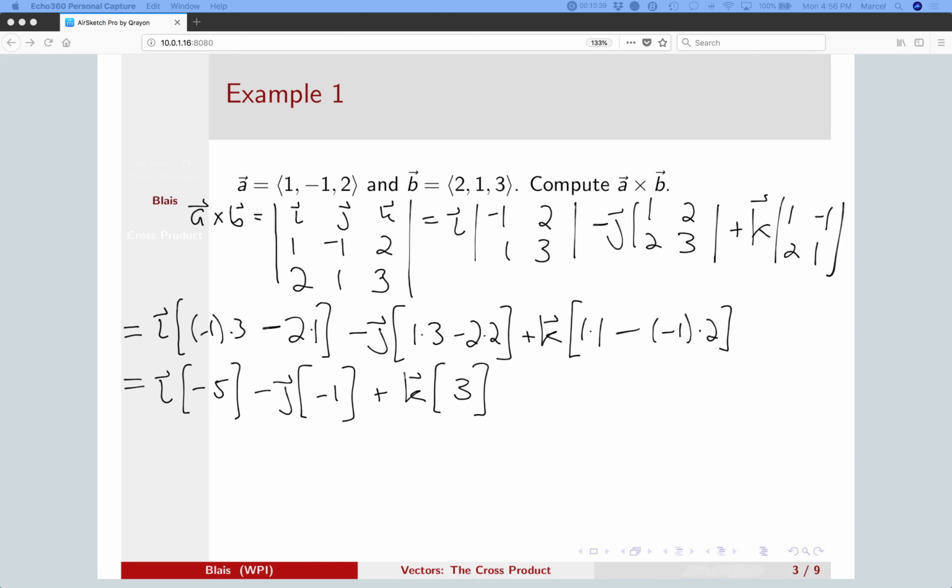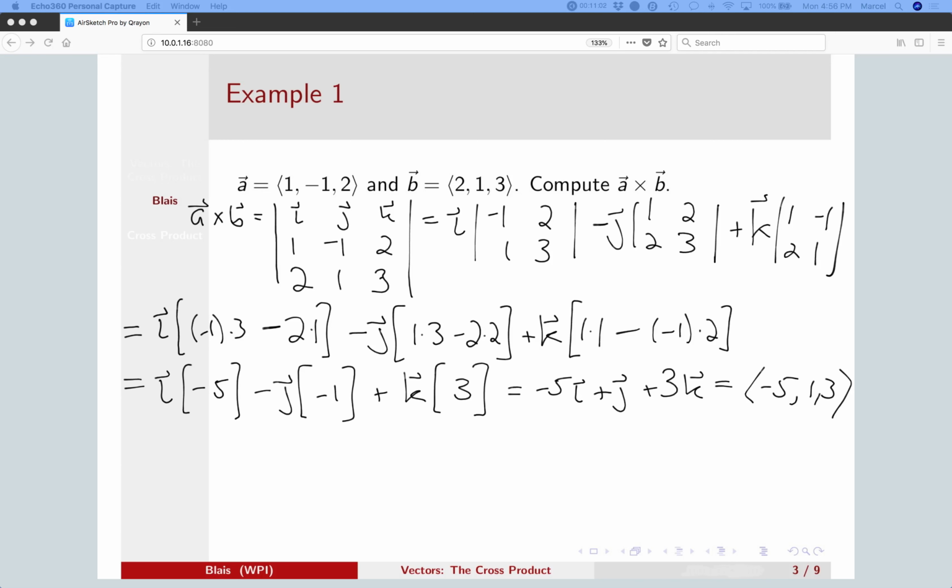So this is minus 5I plus j plus 3k, which we can also write in this vector notation, minus 5, 1, 3. So this is our cross product.